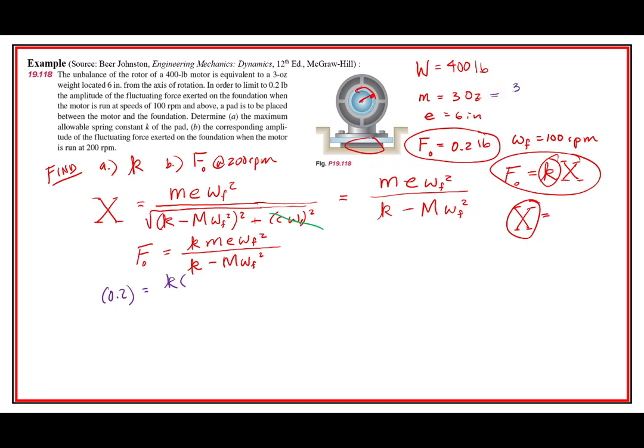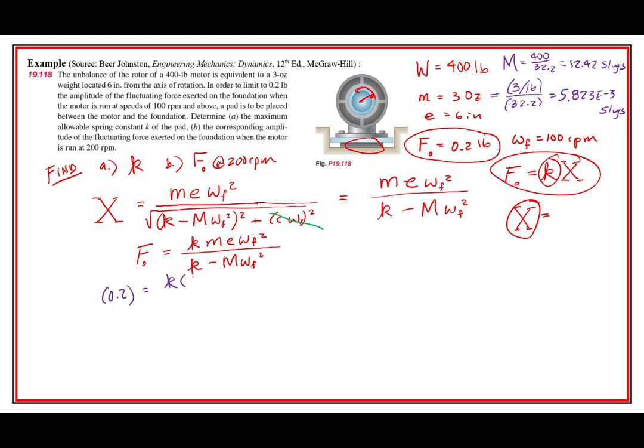It's going to be 3 ounces divided by 16, which turns that into pounds, but we need to turn that into slugs, so divided by 32.2, and we end up with 5.823 E minus 3, and these are slugs. So that's nice. I decided to go ahead and find out what the big M was by taking the 400 and dividing it by 32.2 up here as well. So that's going to be 12.42 slugs as well.